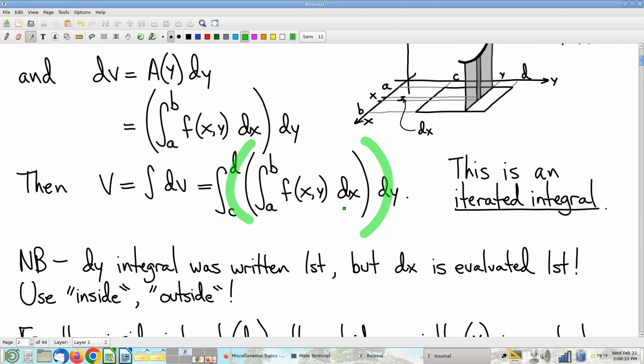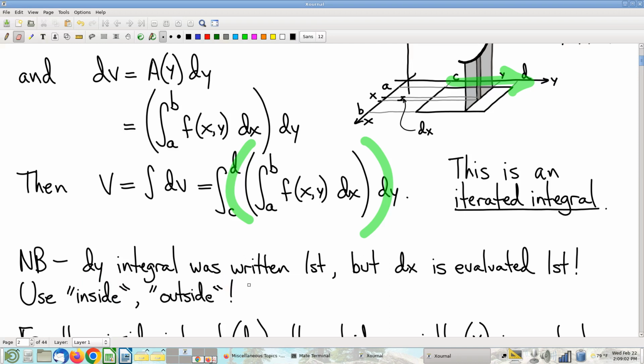We're going to think about what happens as y goes from C to D, and then we started worrying about cross-sectional areas, and the cross-sectional areas gave me an integral dx from A to B. So the dy integral was written first. I wrote that down as we were developing this iterated integral. The dy integral came first.